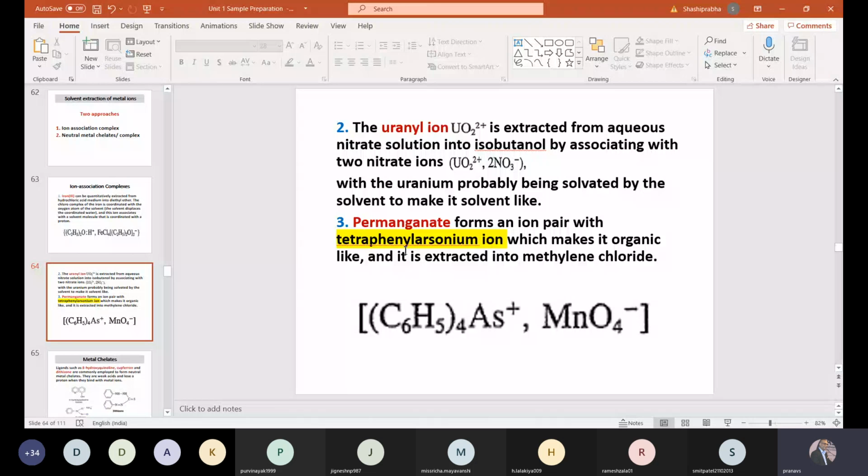And therefore there was a positive charge. It gets coordinated with 6 or 4 or 5 ether oxygen atoms.